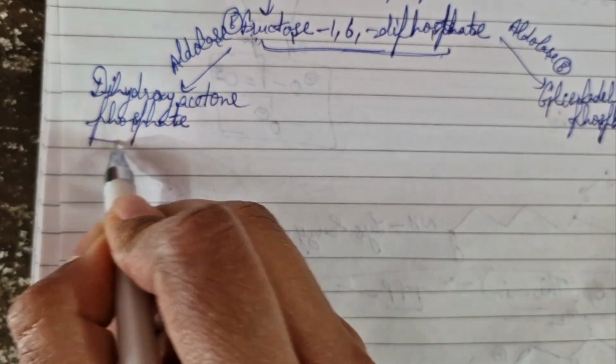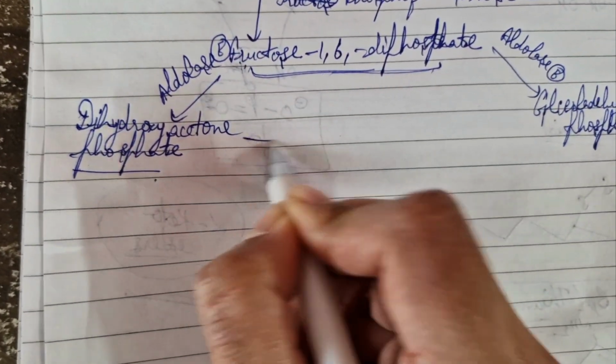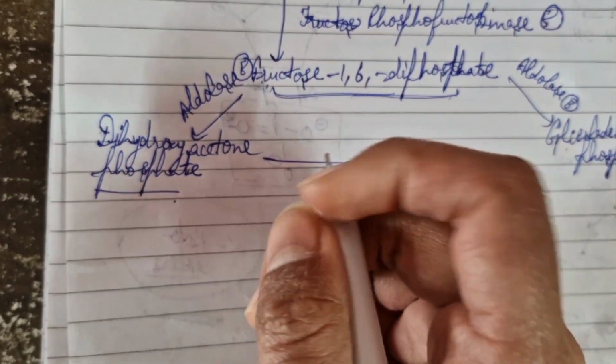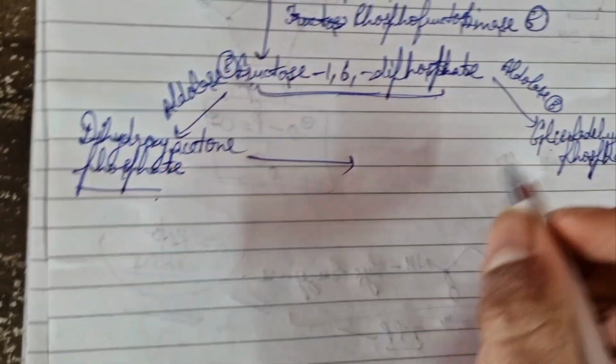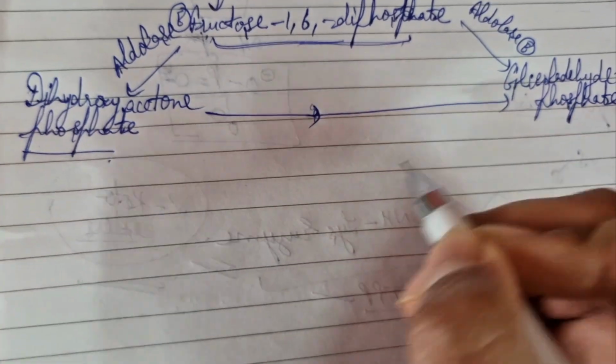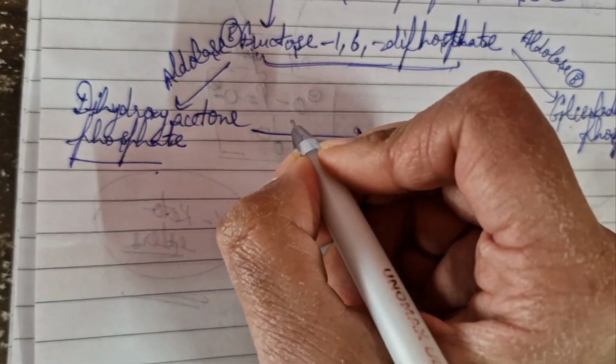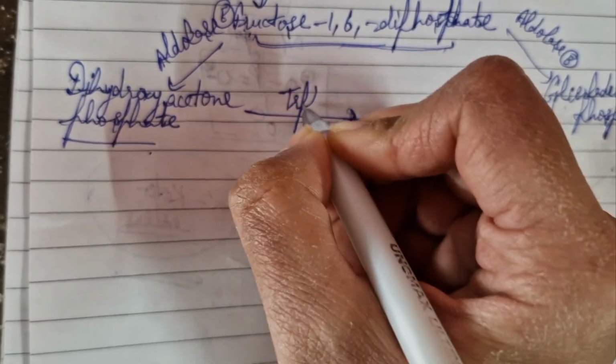Here, dihydroxyacetone phosphate gets converted into glyceraldehyde 3-phosphate in the presence of the enzyme triose phosphate isomerase.